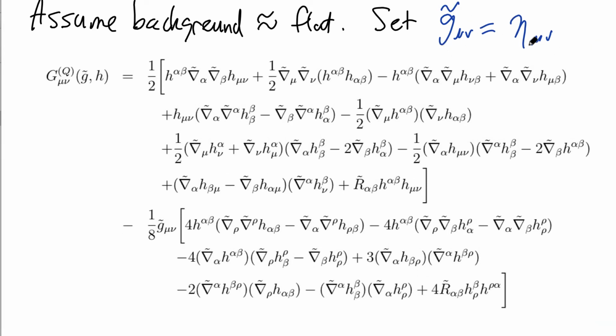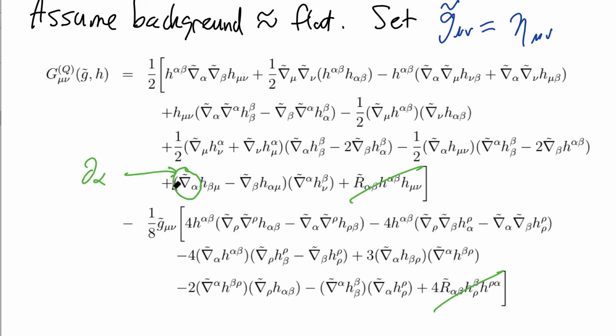When we set G tilde equal to eta, then these background covariant derivatives just become ordinary partial derivatives. And these terms involving the background Ricci tensor vanish. Now notice that each of these remaining terms is of course quadratic in h, but also each term contains exactly two derivative symbols.